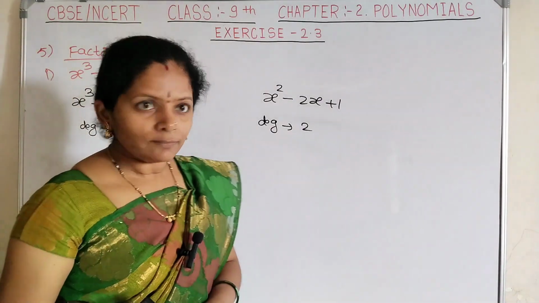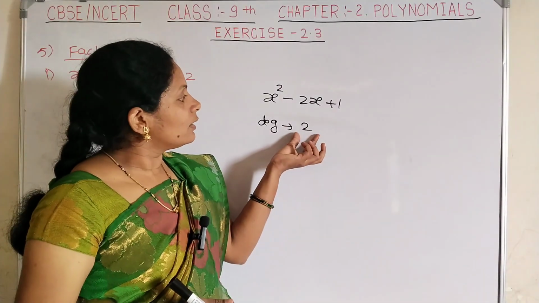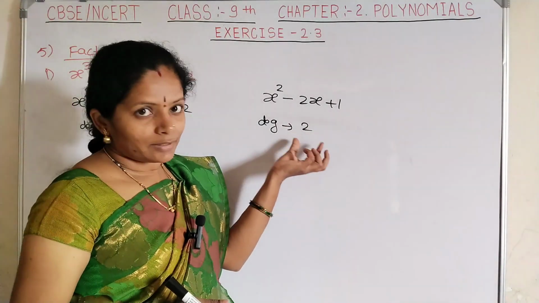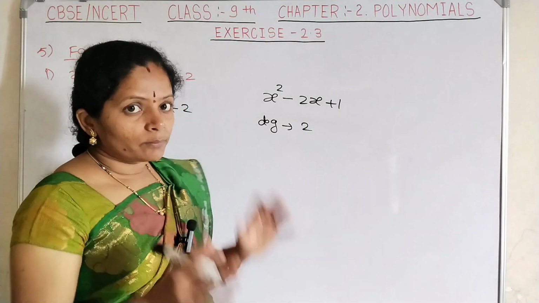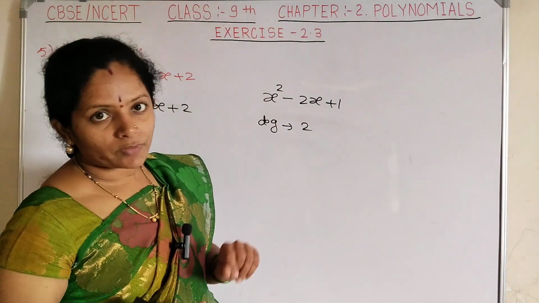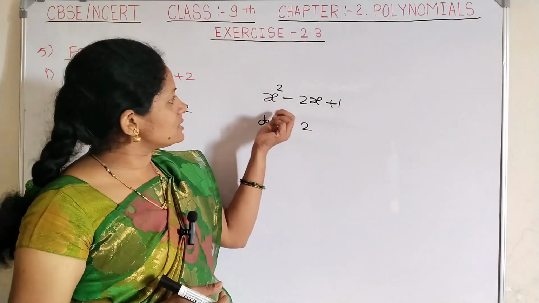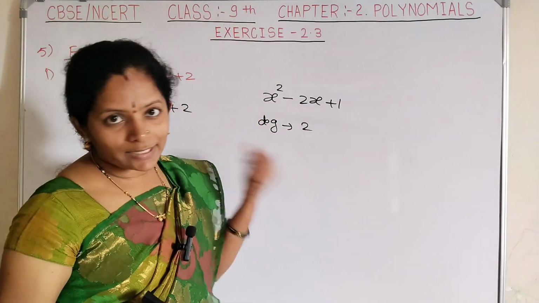Do you know one thing here? When the degree is 2, the number of factors will be 2, and we can also say that the number of roots that can exist for this polynomial is also 2.